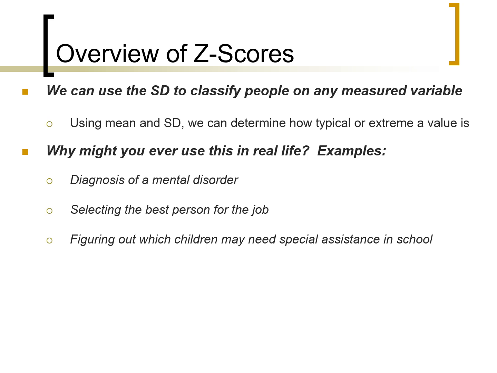So why do we do this in real life? For example, not just if somebody has a high score or a high number of check marks for diagnostic characteristics, do they have a high number relative to the average number? We also think about selecting the best person for the job.